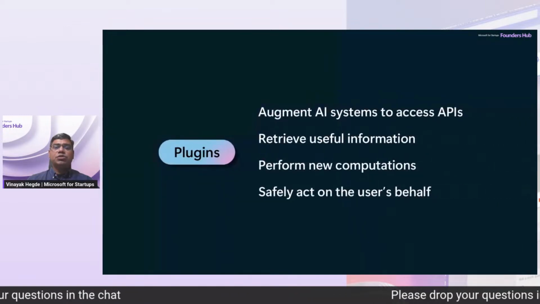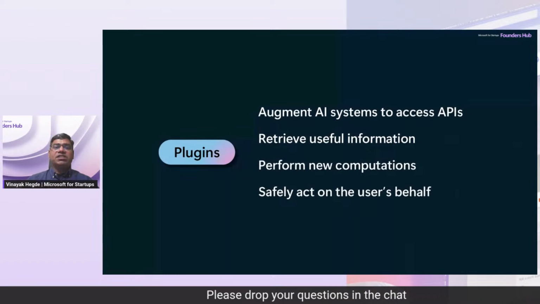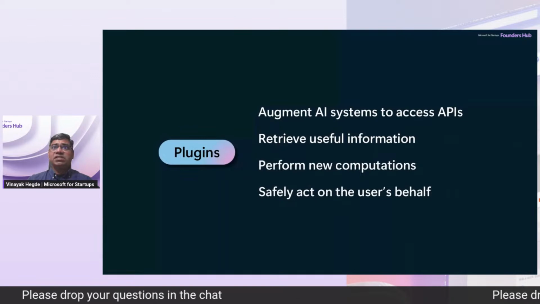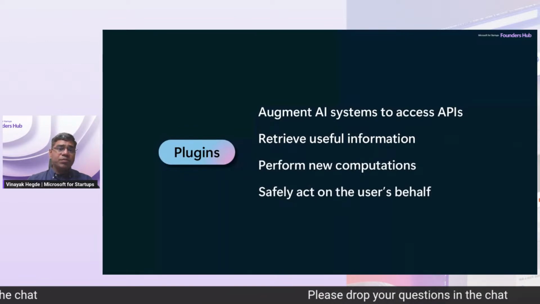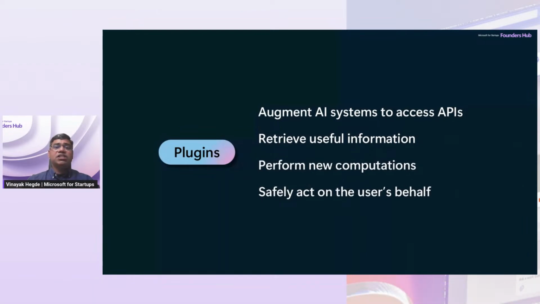The way plugins do that is they augment AI systems to access APIs, and there can be APIs for everything, from pricing data that you want, real estate data, weather information, stuff related to distances between two places. It could be a whole variety. It could be stock information, for example, right?